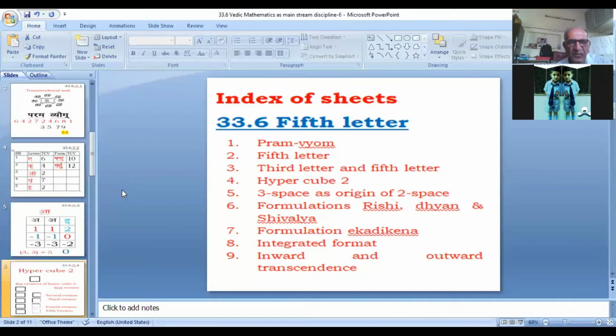The fifth phase will be to have a glimpse of the 3 space origin of a 2 space.